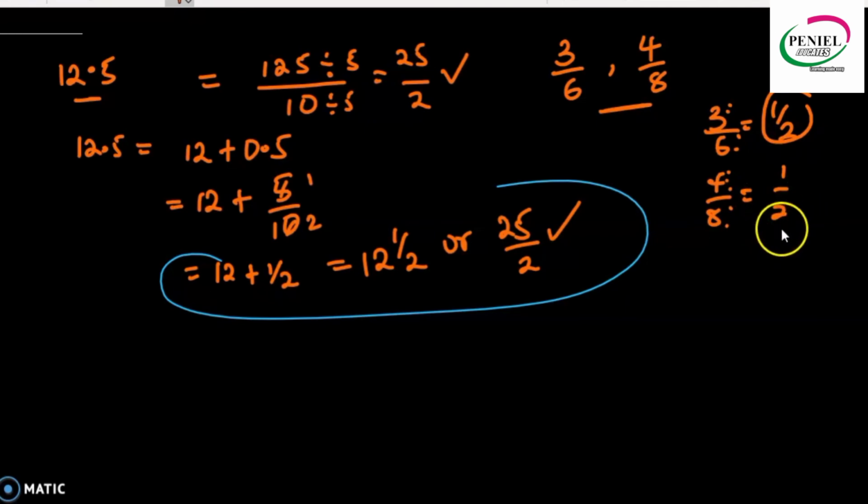So because this 1 over 2 is equal to this, then we say that 3 over 6 is equivalent to 4 over 8. All right, so that is part of what we've been able to do in our studies.